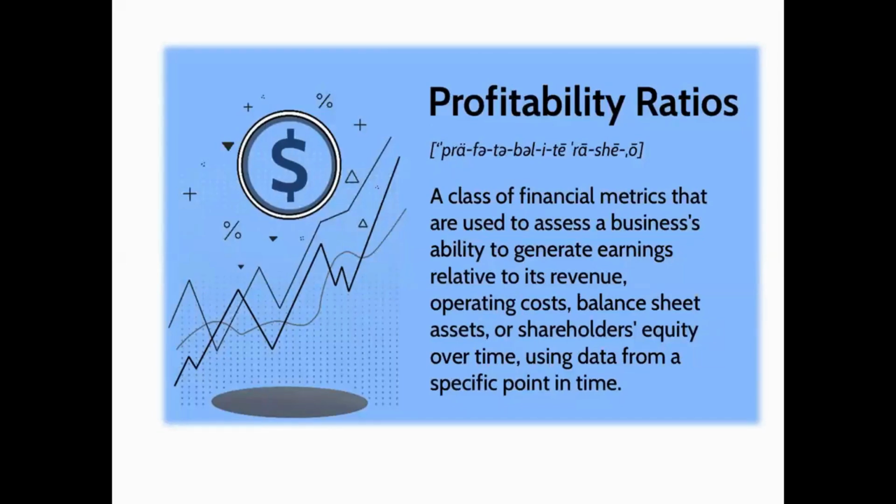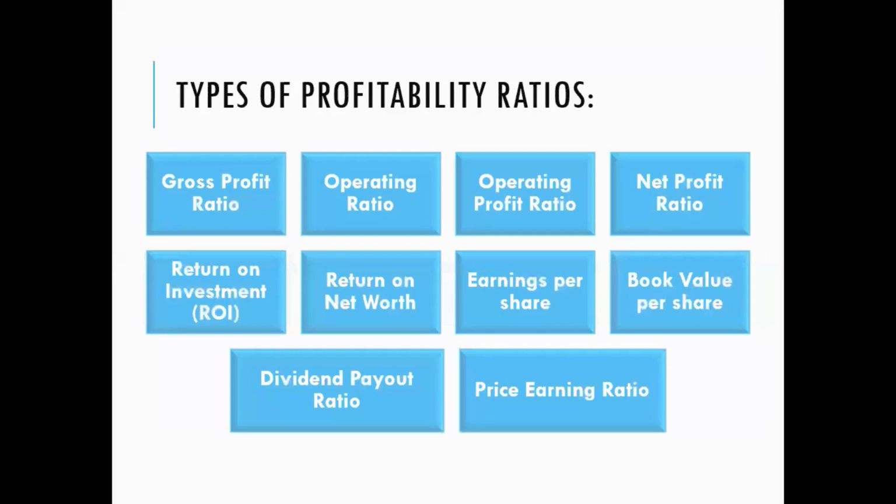Profitability ratio is a class of financial metrics used to assess a business's ability to generate earnings related to its revenue, operating cost, balance sheet assets, or shareholders' equity over time, using data from a specific point in time.